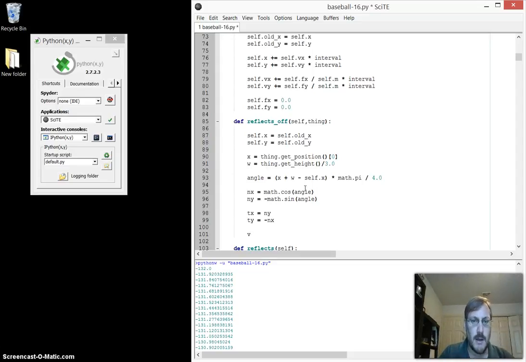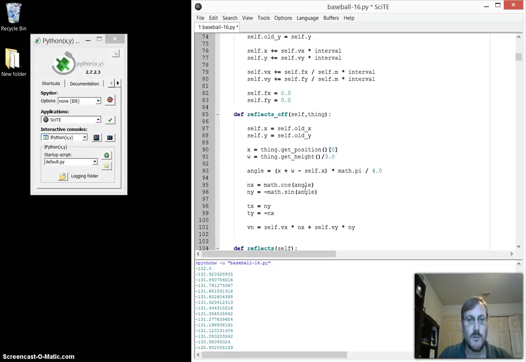So the normal component of my velocity is the velocity dotted into the unit normal vector, and the components of the unit normal vector are nx and ny. So that's self.vx, the x component of the velocity, times the x component of the unit normal, plus self.vy, the y component of the velocity, times ny, which is the y component of the unit normal.